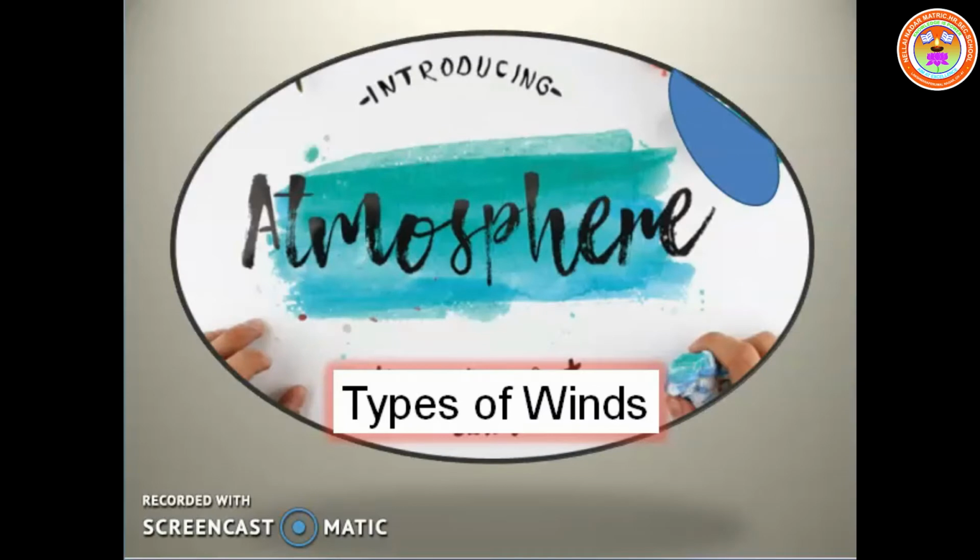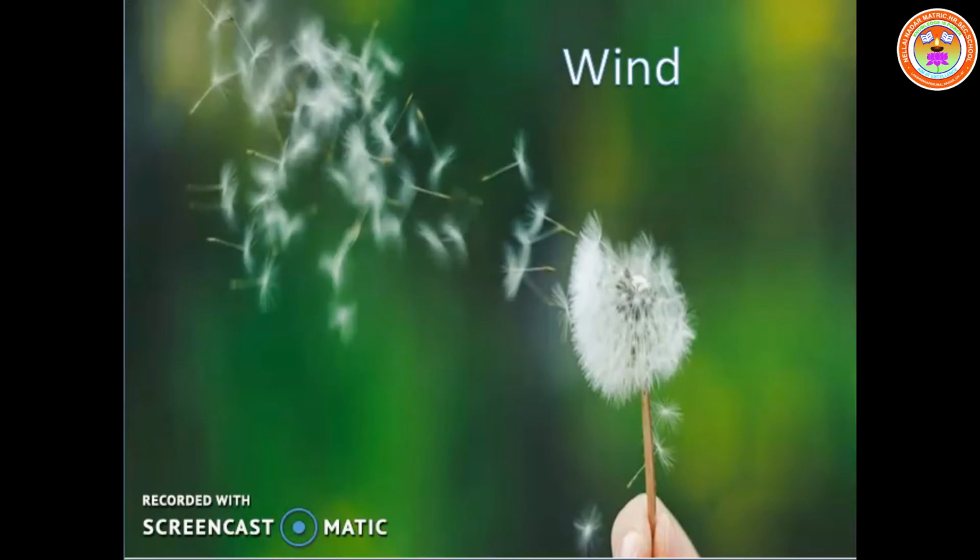What is wind? The horizontal movement of air along the surface of Earth is called wind, while the vertical movement of air is called an air current. It is caused by differences in air pressure within our atmosphere.